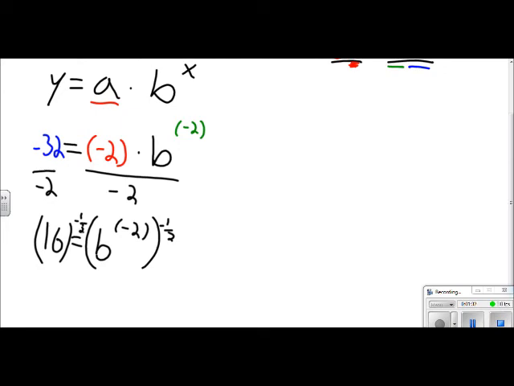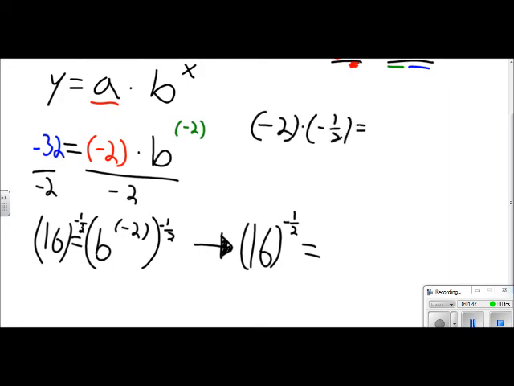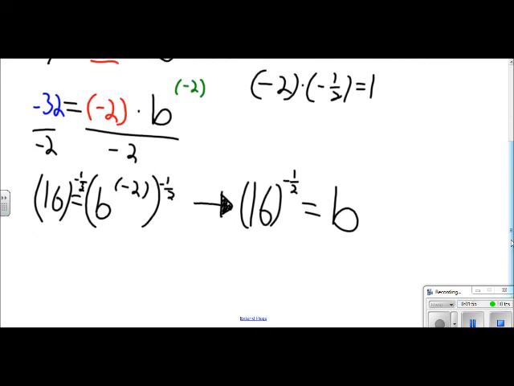Because -2 times -1/2 equals 1, so it would just be b. Now, we need to solve for 16 to the -1/2. Well, 16 to the 1/2 is just the square root of 16, so it would be 4. But since we have that negative out in front of it, we have to do the reciprocal. So it would actually be 1/4 equals b.